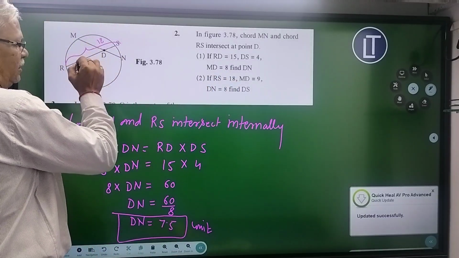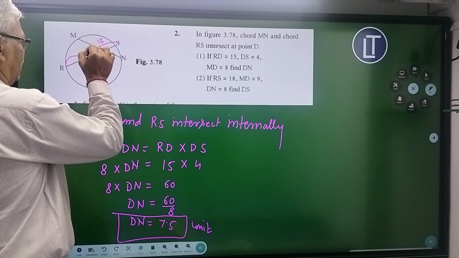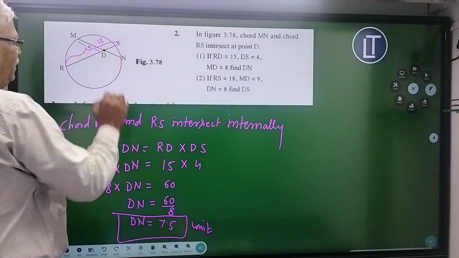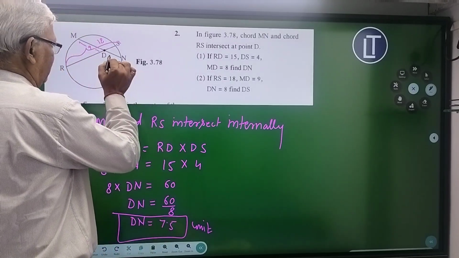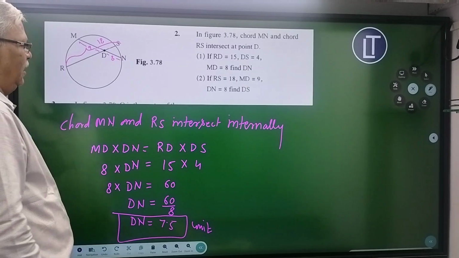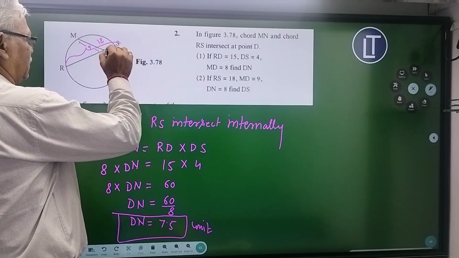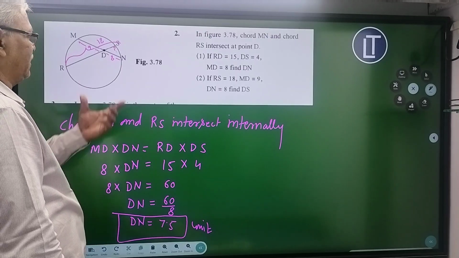MD is given 9, from here it is 9. And DN is given 8. This is given 8. Asking about DS. DN is given, asking about DS.